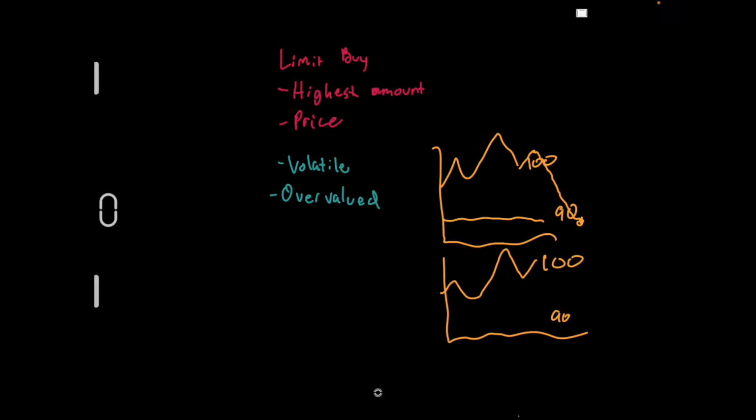Sometimes a stock will just continue rising and never hit your limit price, so therefore your limit buy will never be filled, and you lose out on a ton of profits. So be careful with this, and when you think you should use a limit buy, make sure you're reasonable with your price, and make sure that your limit buy will actually be filled at some point.